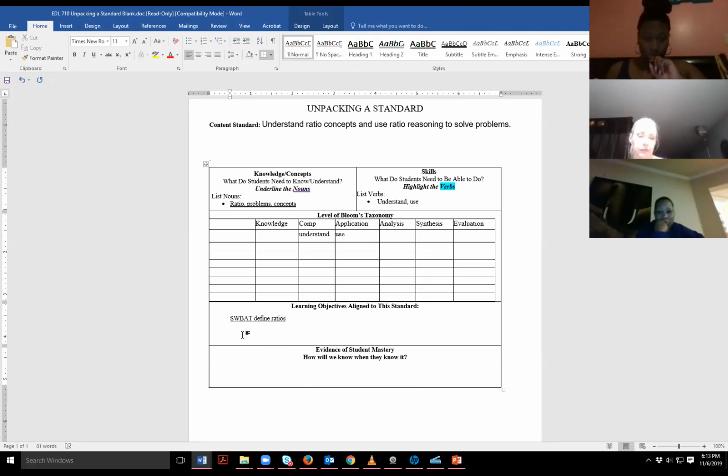Define ratios in context with whole numbers. That may be what I'm going to start with. So students will be able to define ratios in context with whole numbers at 90% accuracy. Pretty simple. We all write objectives all the time. So my question then is, does this align with my standard?